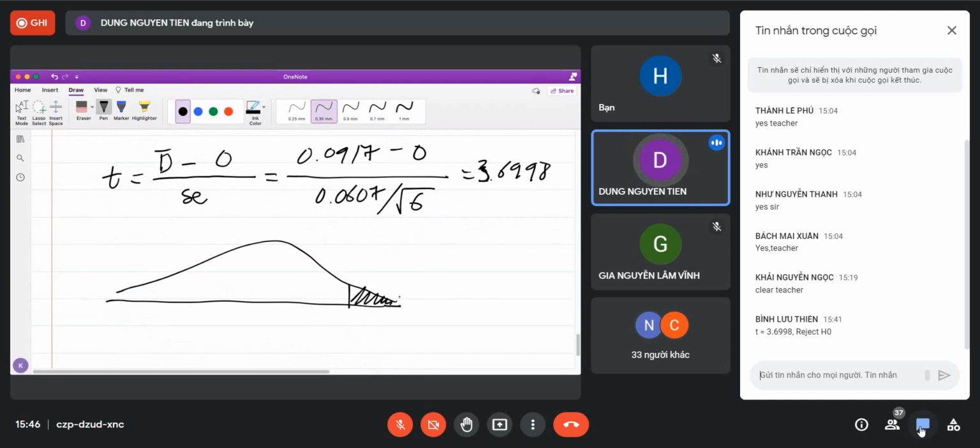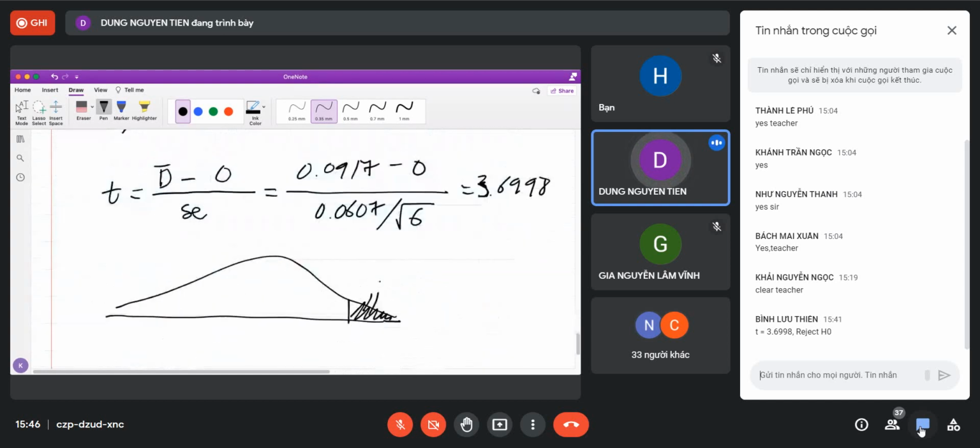So you get that? And this is going to be 3.6998. So you get the significance level, alpha is 5%, 0.05, and the t distribution with degree of freedom 5, I think.